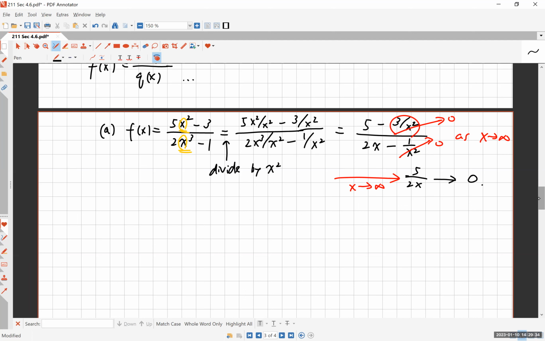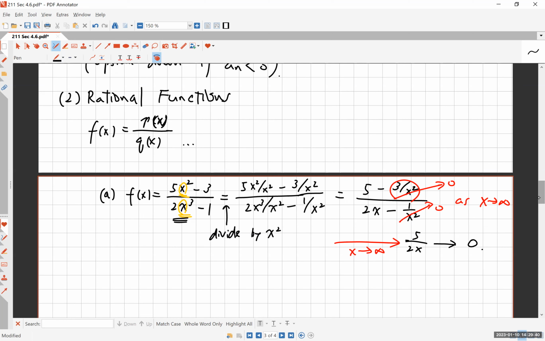And in fact, this happens every single time the denominator has a larger exponent, the degree, than the numerator. So that's the first statement I'm going to say.